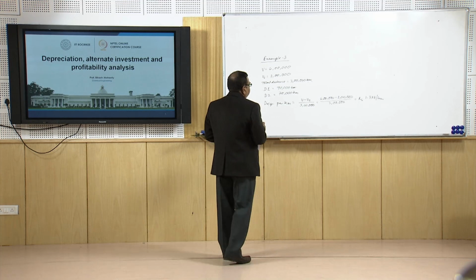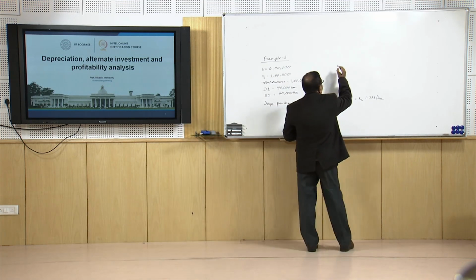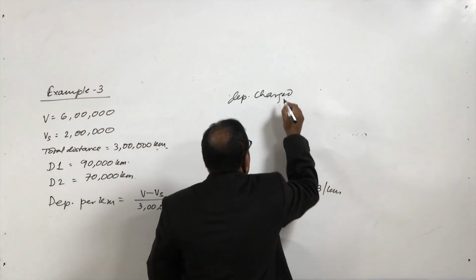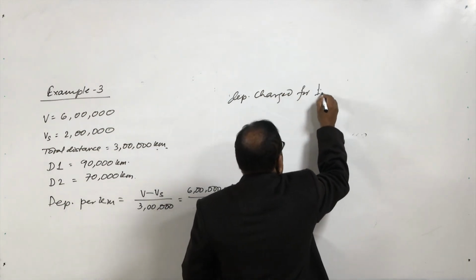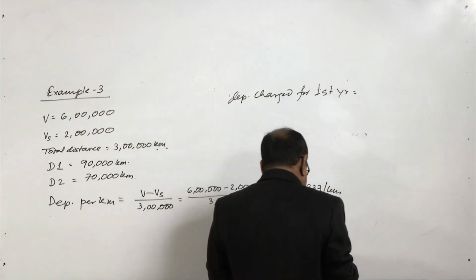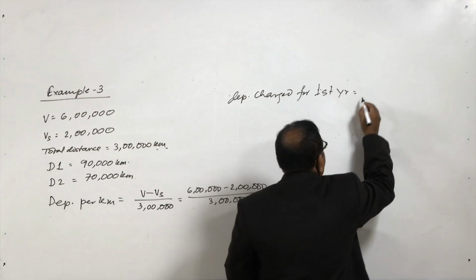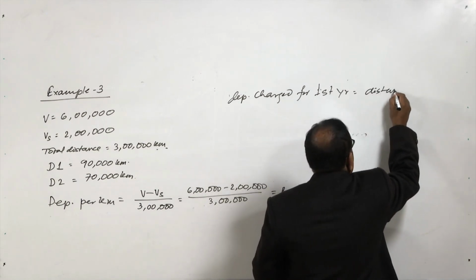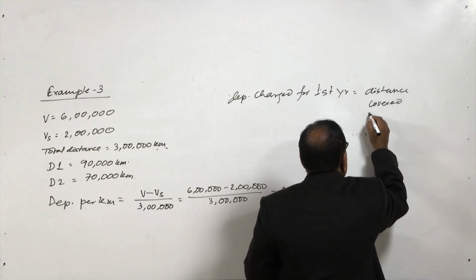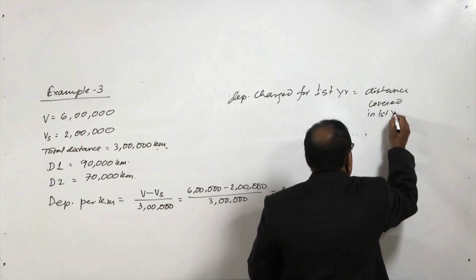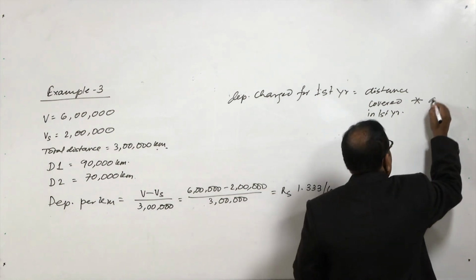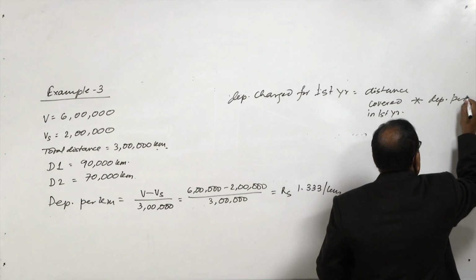So, depreciation charged for first year is equal to distance covered in first year into depreciation per kilometer.